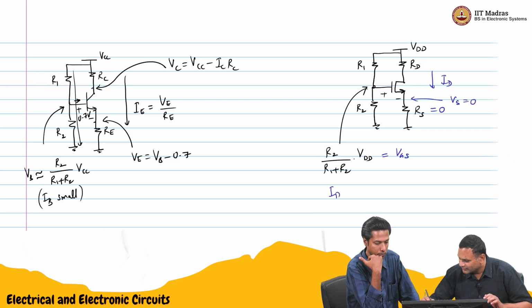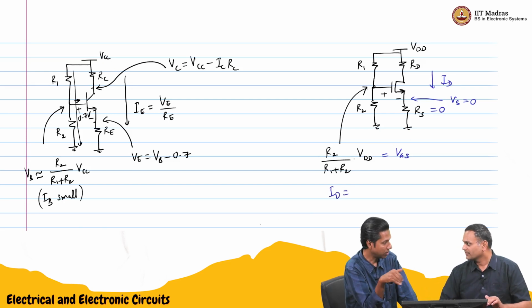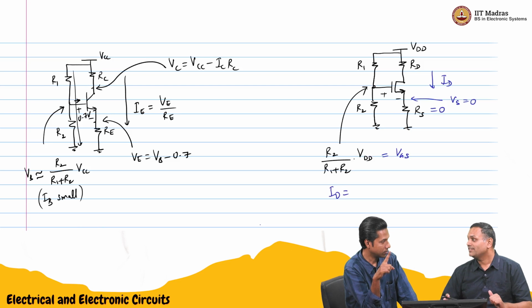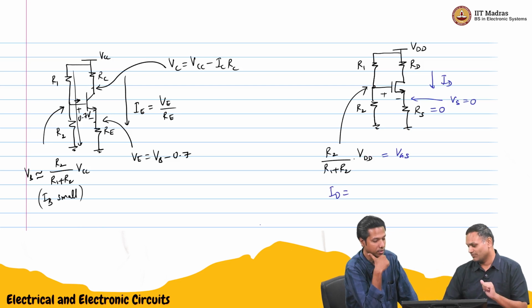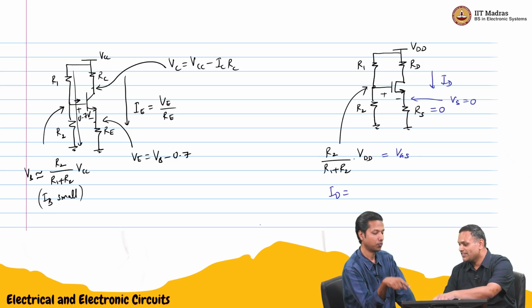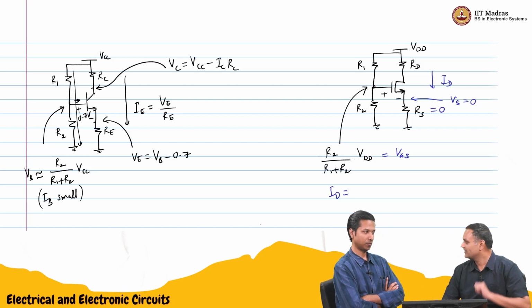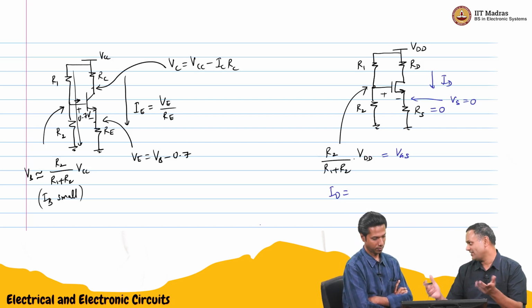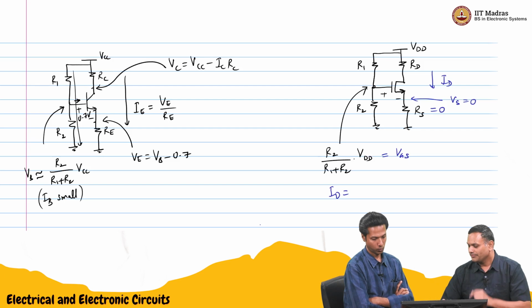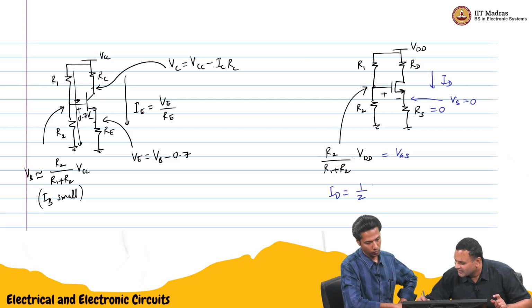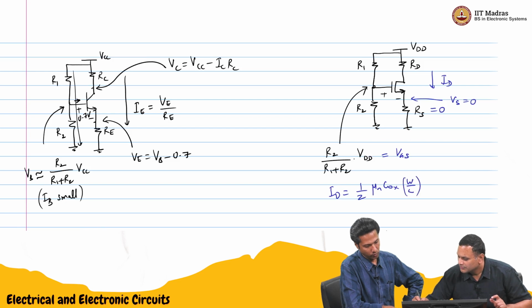So we'll select VGS in a way that it is biased in the saturation region. We have to bias VGS and choose RD, VDD. VDD, RD and VGS need to be chosen. And ID is half mu Cox W over L into VGS minus VT, the whole square.